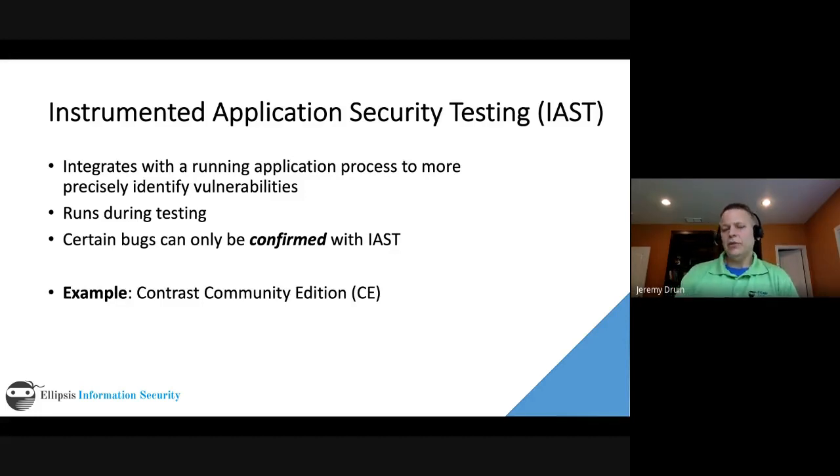The IAST tools and the DAST scanners can also work together as a team. So you can imagine a scanner sending an injection from across the network and the IAST tool watching what happens to the application as that injection arrives and is processed by the app.